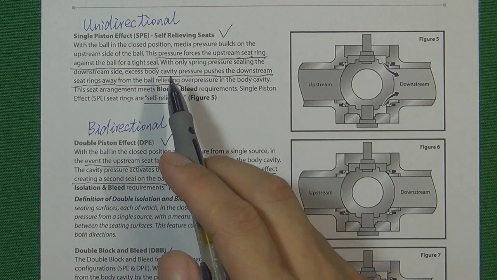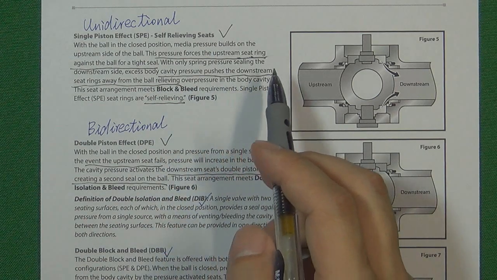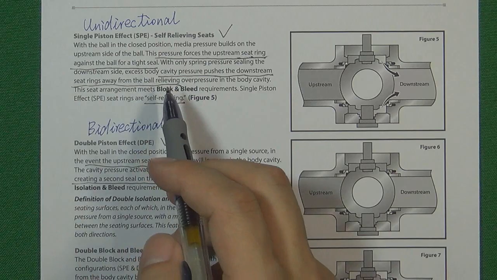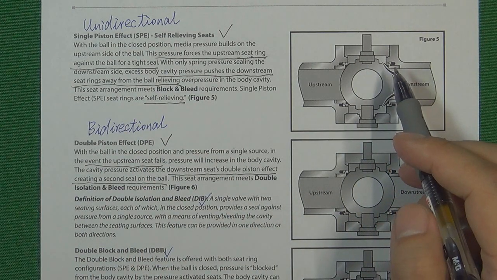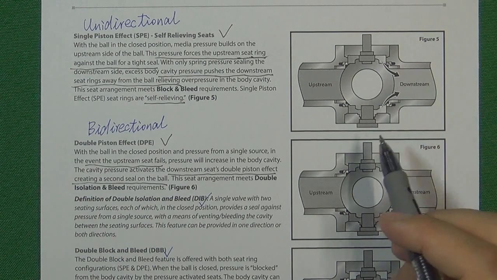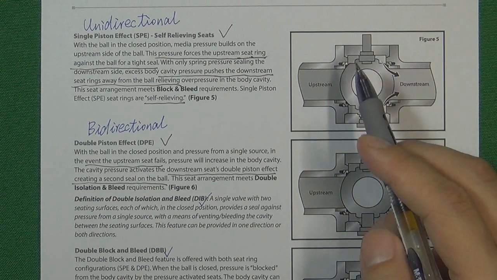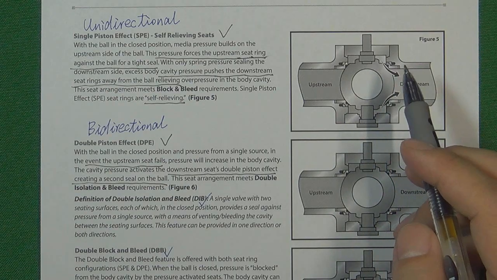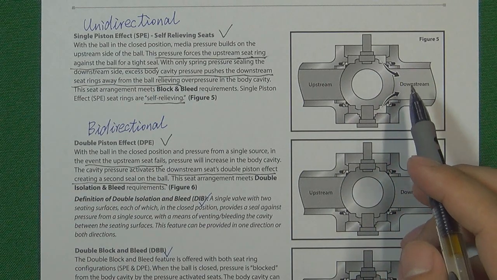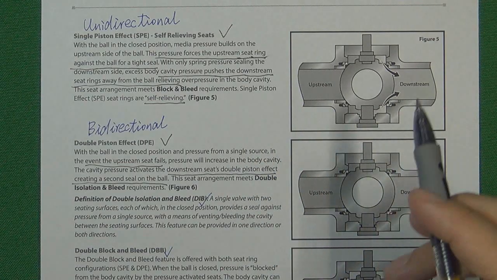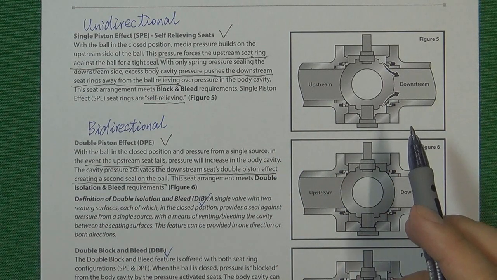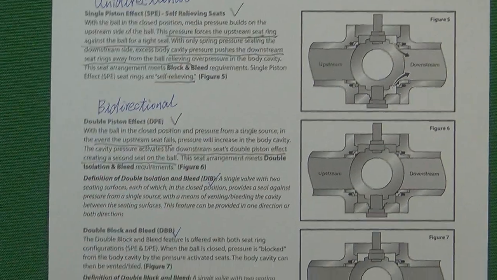According to the description, cavity pressure pushes the downstream seal ring away from the bore, relieving. So the cavity pressure will push the downstream seal ring away, making a gap between seat and bore to relieve. The reason the cavity pressure chooses to push the downstream seal ring first is that the downstream pressure is lower than the upstream. That is very easy to understand from this illustration of the SPE valve seat.